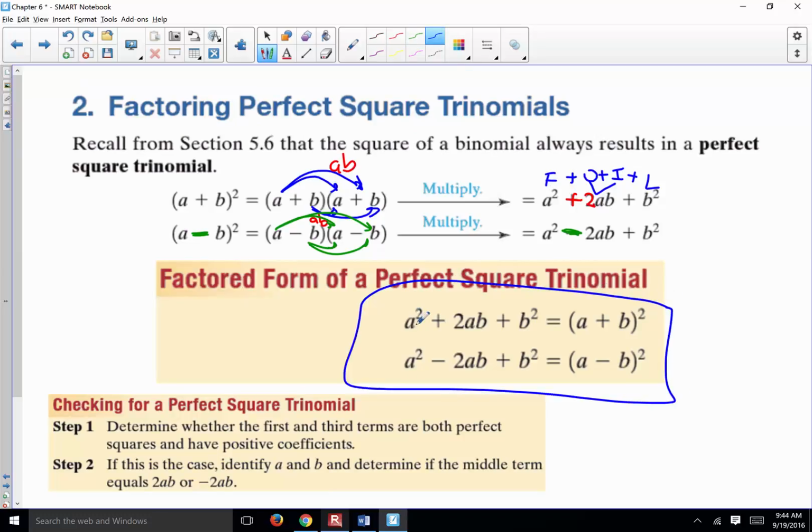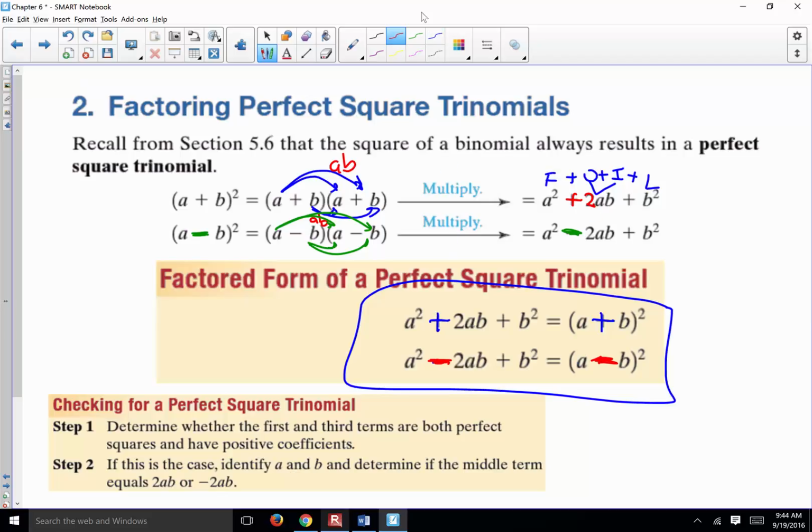If you have A square, B square, but a plus in the middle, you make A and B with a plus in between, squared. But if it is a minus, almost identical. The only difference is minus. You put a minus between A and B and squared.